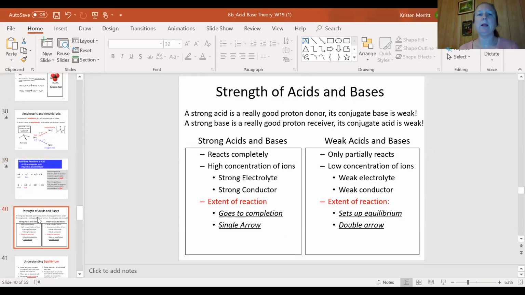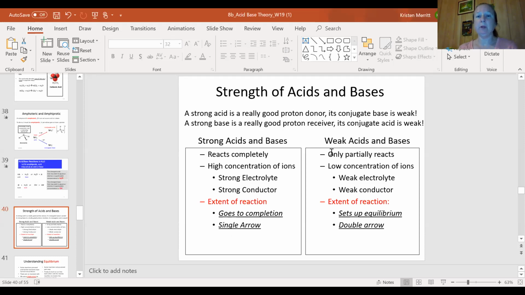So your strong acids and bases react 100%. They produce a high concentration of ions, right? Because the entire acid has reacted with water to create an ion. So it's a strong electrolyte, which means it's a strong conductor of electricity. You have a single arrow because it goes to completion.